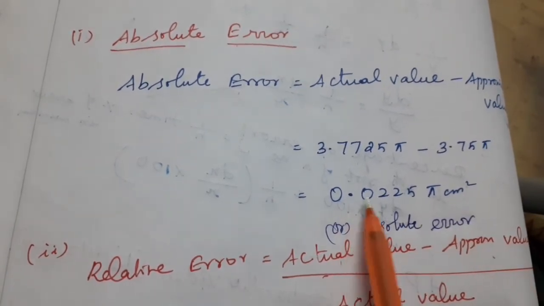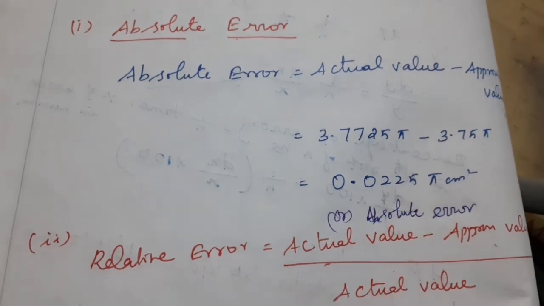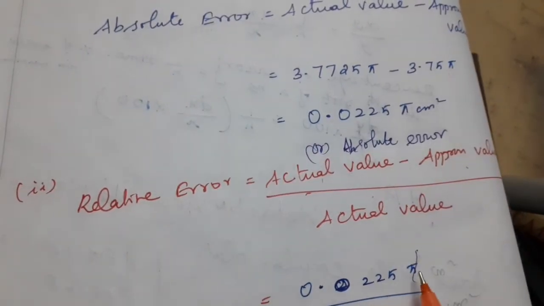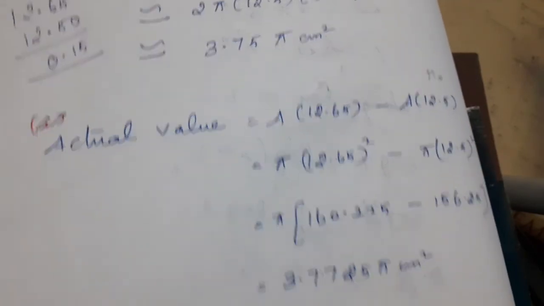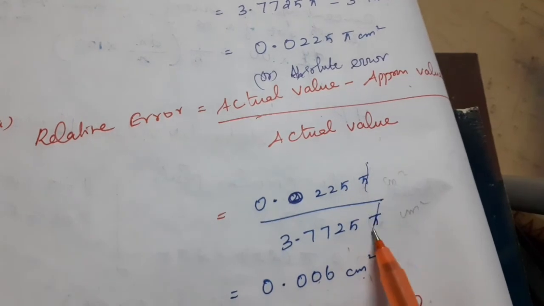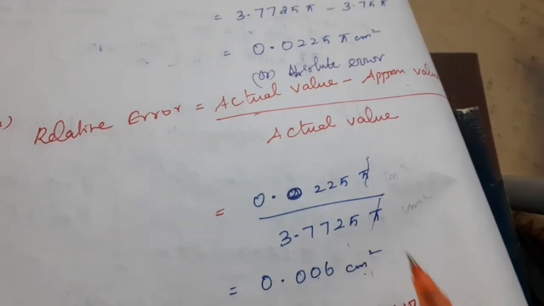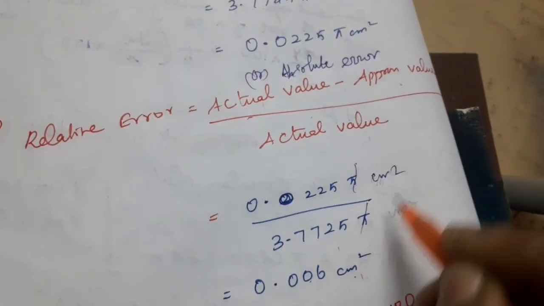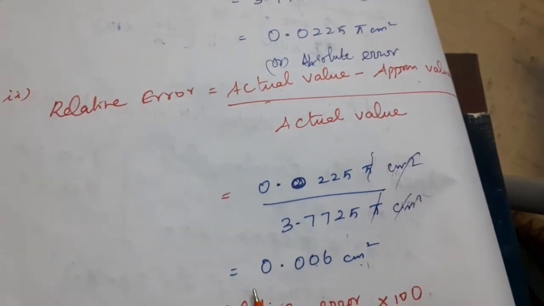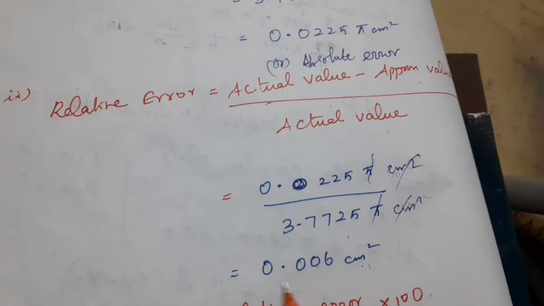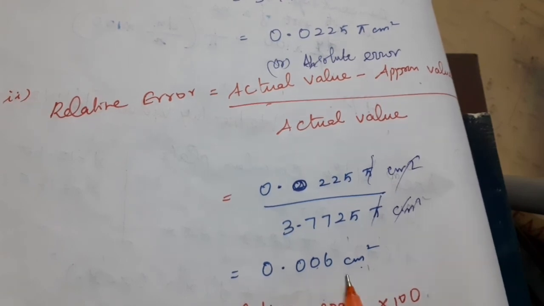Just now we found 0.0225 pi centimeter square. Divided by the actual value, 3.7725 pi. We cancel pi and the centimeters. Relative error is absolute error by actual value, and substituting we get 0.006 centimeter square.